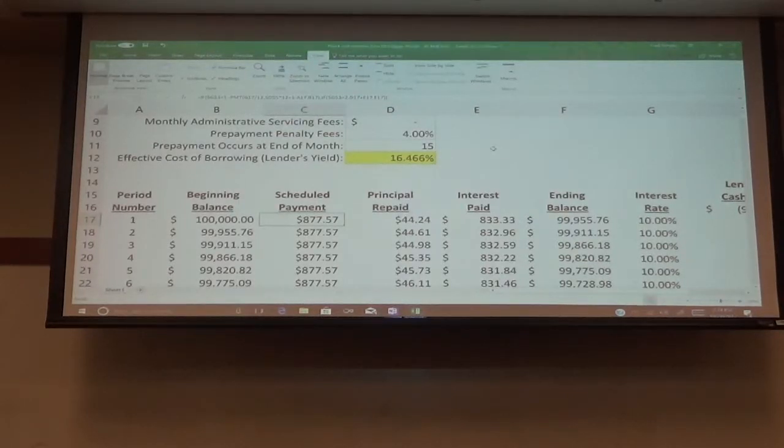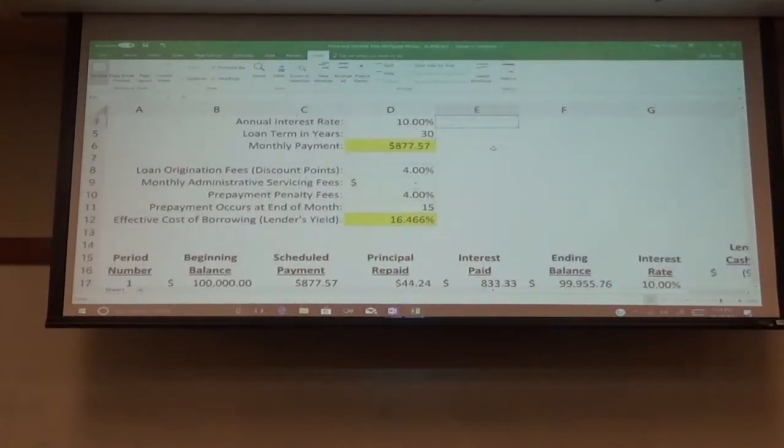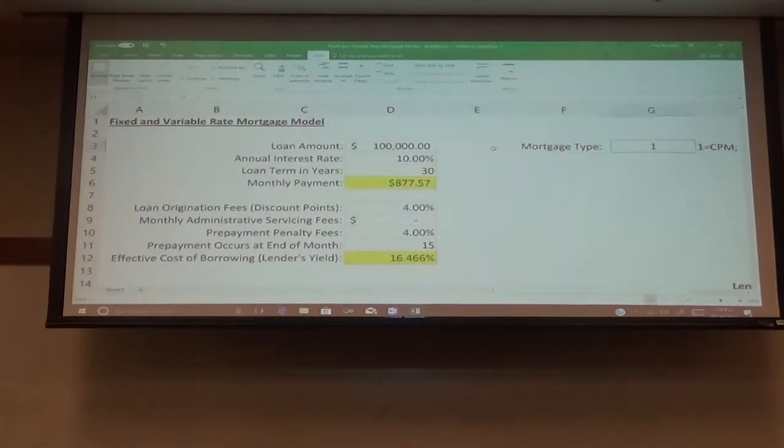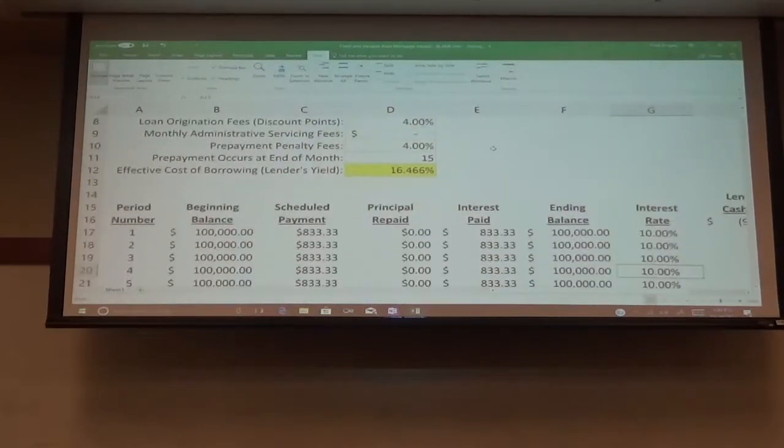Then copy this all the way down, just that column. So it's 877.57. 877. On 1, right? 877.